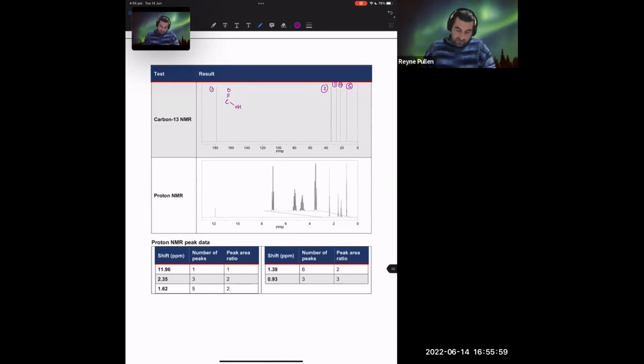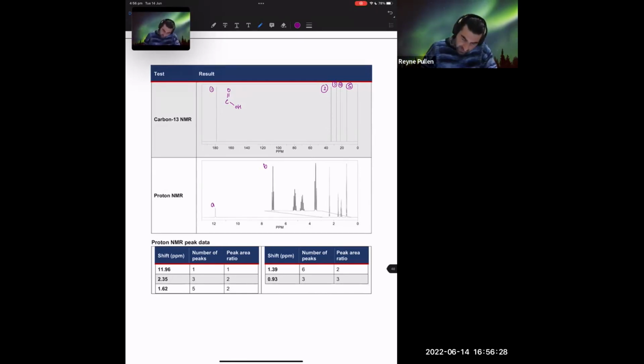If we head down to our proton NMR, we can see 5 different proton environments. I'll label these A through E. A is a singlet, and we've got a triplet at peak B, just above 2. I'm going to label the zoomed-in version that's inset into the page.